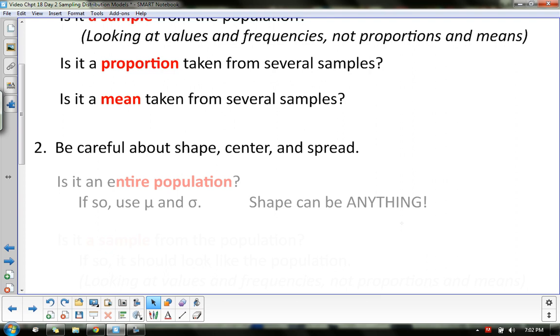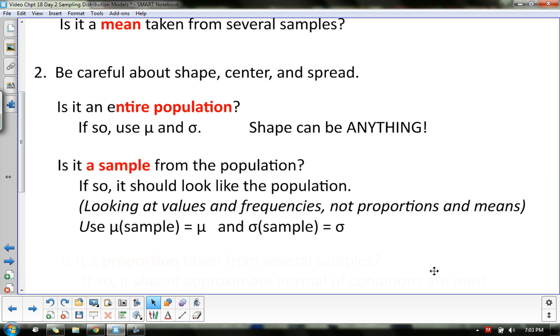And when you're looking at the shape, center, and spread of an entire population, again, you will use mu and sigma. The shape can be anything. I mean, we like it when it's normal, but it technically could be anything. Whereas for a sample, one sample should look a little bit like the entire population.